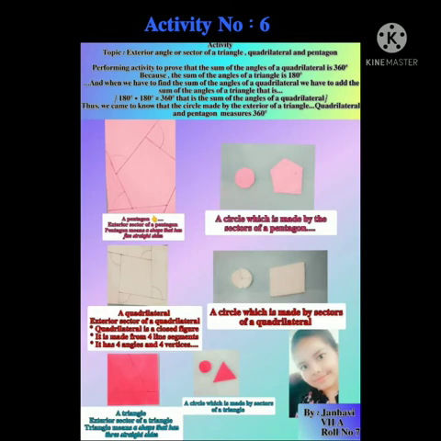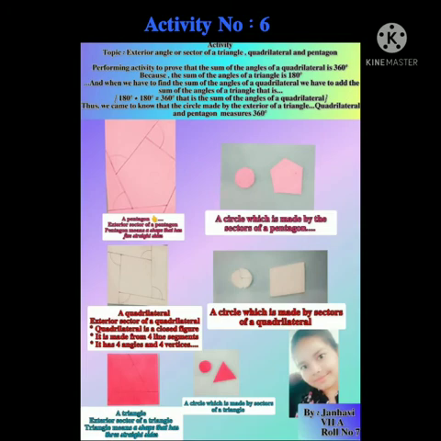We are performing this activity to prove that the sum of the angles of a quadrilateral is 360 degrees, because the sum of the angles of a triangle is 180 degrees, and when we have to find the sum of the angles of a quadrilateral, we add two triangles: 180 degrees plus 180 degrees is equal to 360 degrees.